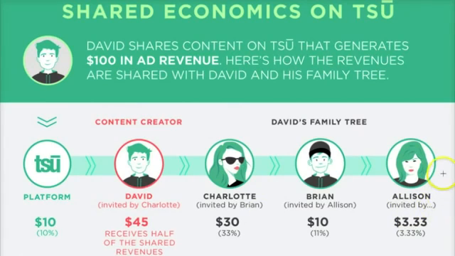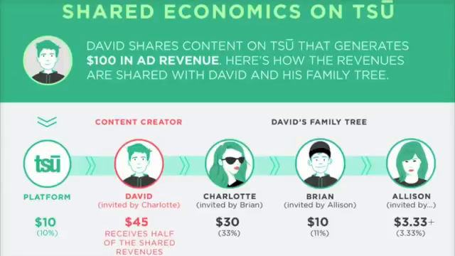But Allison, being at the head of this family tree, still gets a percentage from people down her line. So in this case, Brian's child, Charlotte, and David. So David, we had talked about this dollar value and how that worked. Allison still receives a portion of that ad revenue because this is her family tree, and she's responsible for helping to grow and share the Sue network with other people. So that's basically how the family tree concept works as far as revenue.